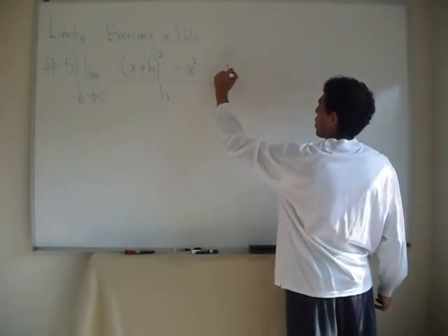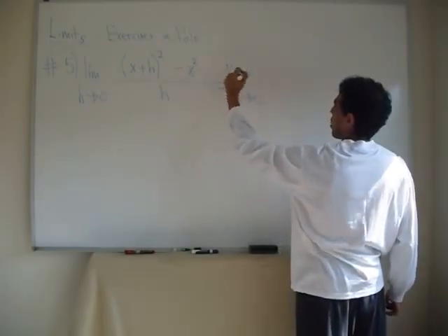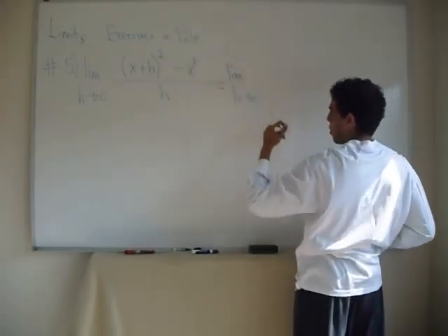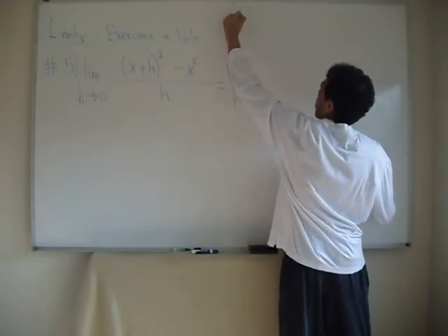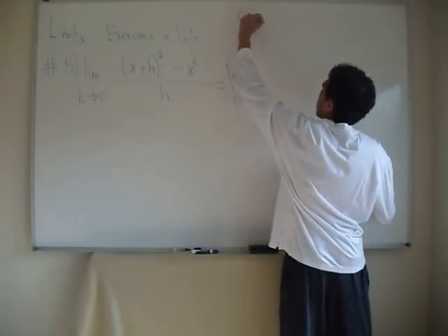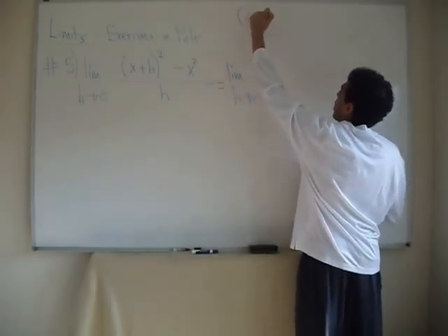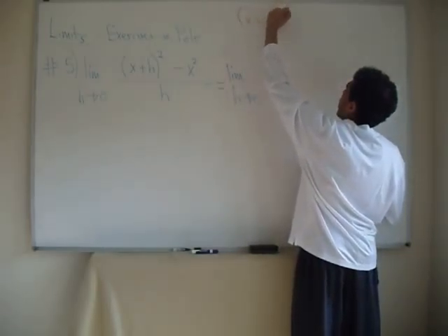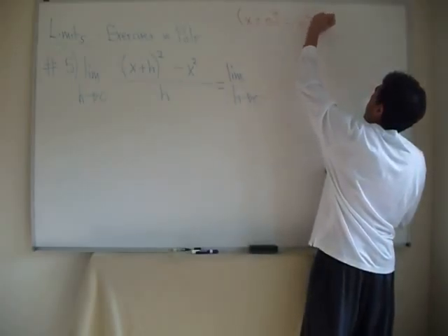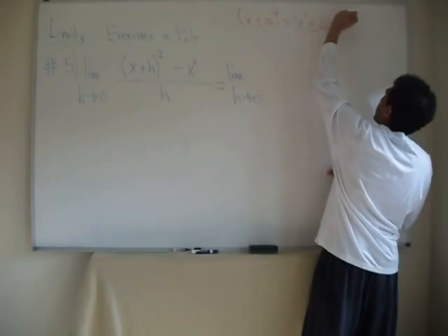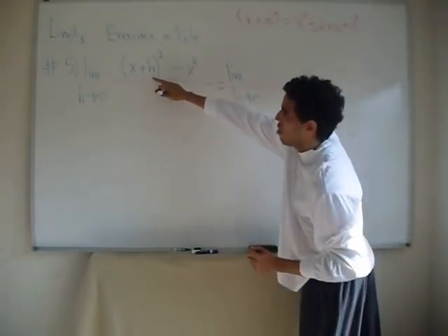So it's going to be limit of h tending to 0, and right here I'm going to use a property of binomials, and the property states x plus or minus a, squared, equals x squared plus or minus 2xa plus a squared. So I'm going to use this right here, okay?